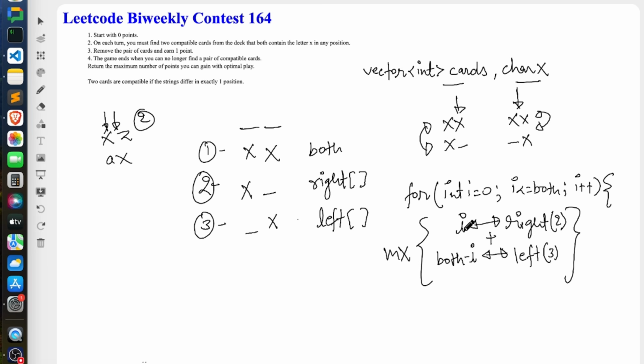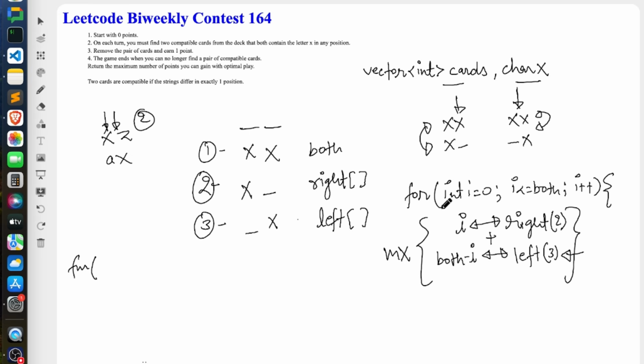Let's see how we can calculate the number of compatible pairs having i number of type 1 cards and type 2 cards. Once you calculate it, the calculation of the other part would be exactly the same. So let's say I created a function that would take two parameters.